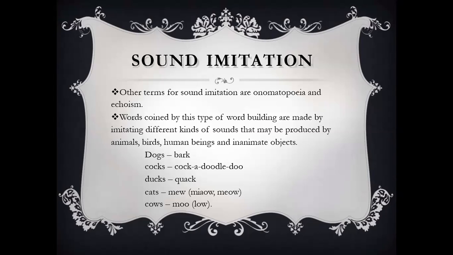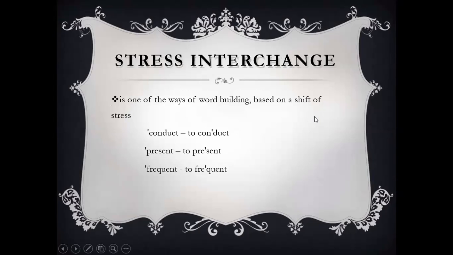So right now we say dogs bark, or the dog is barking. And cocks cock-a-doodle-doo, or ducks quack, and cats meow. And these are all words which can be verbs by sound imitation. They became verbs. Or cows moo. For example, we can say cows are mooing. So, sound imitation.